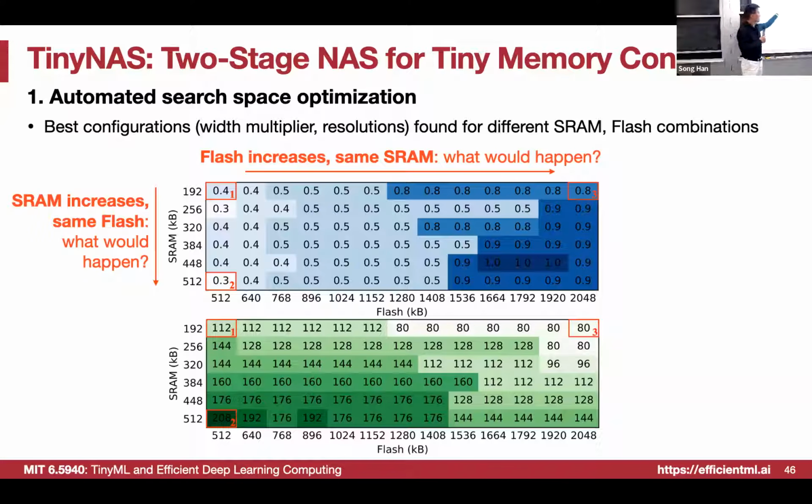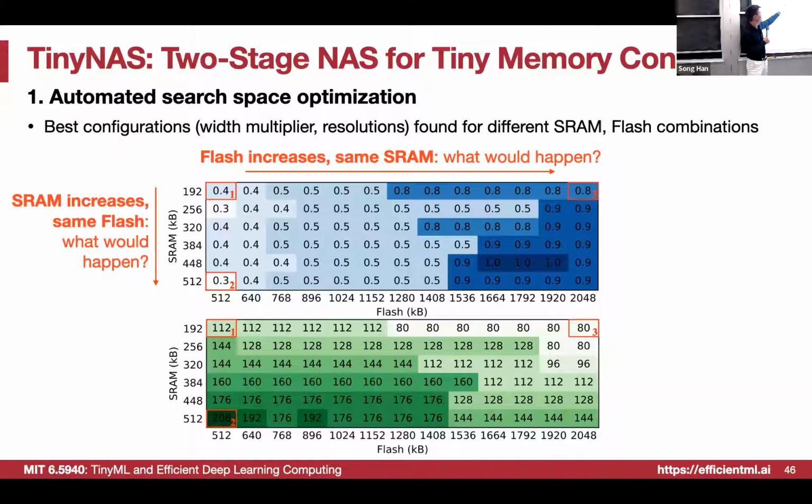So here we have 3 designs, 1, 2, 3, and here 1, 2, 3. Okay, so this point actually matches this point. They have the same model SRAM, 192 kilobytes. They have the same size of the flash. But here we're comparing the width multiplier and also the resolution.